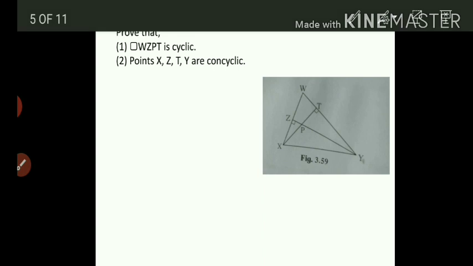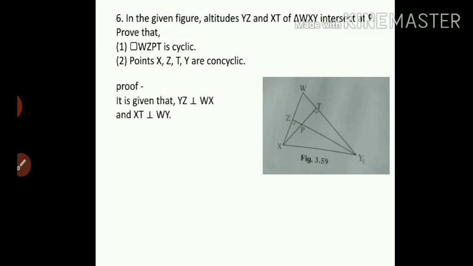So see the proof part now. It is given that YZ is perpendicular to WX and XT is also perpendicular to WY.